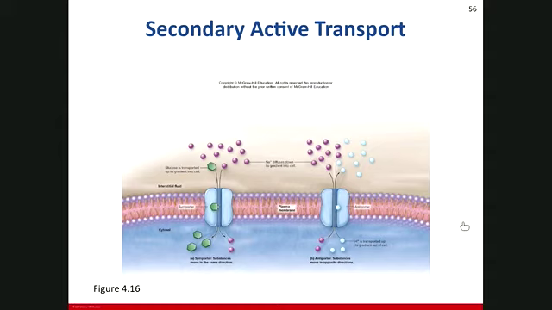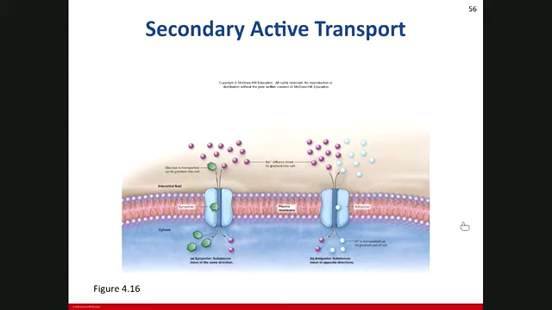The sodium gradient is often used as the source of energy because its concentration gradient across the plasma membrane is extremely steep. We have about 99% of sodium ion in the interstitial fluid with only 1% inside the cell.